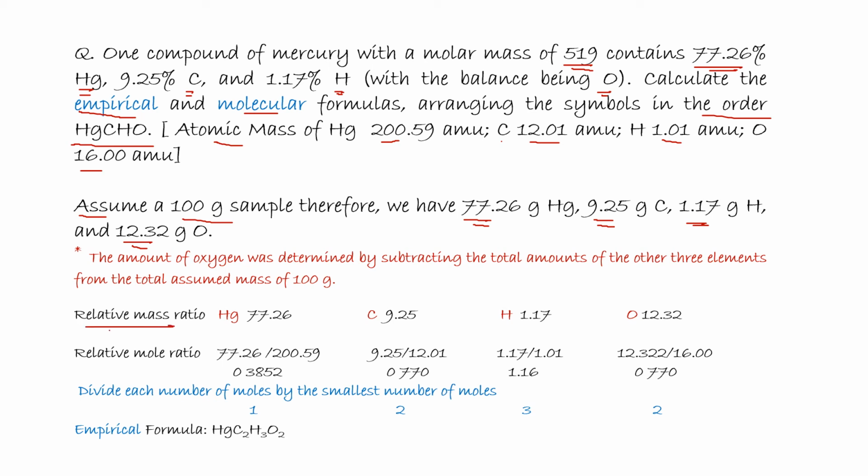We put the relative mass ratio: 77.26, 9.25, 1.17, and oxygen 12.32. So for the ratio in moles, we divide the mass by molar mass. So it will be 77.26 divided by 200.59, which gives you 0.3852.